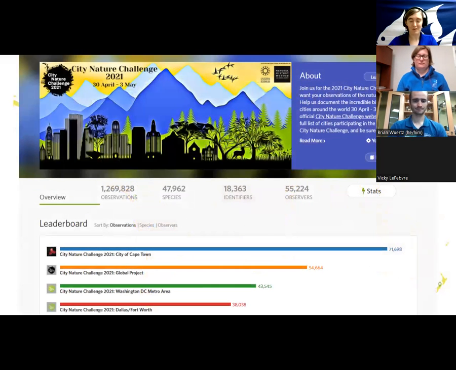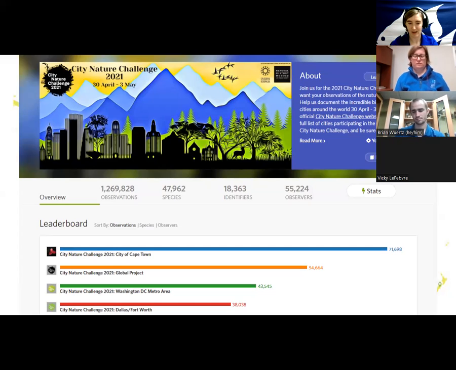So the goal of the CityNature Challenge is to have as many people as possible make as many observations. So the language here, observation, just means one instance where you saw a living thing at a particular place and a particular point in time.